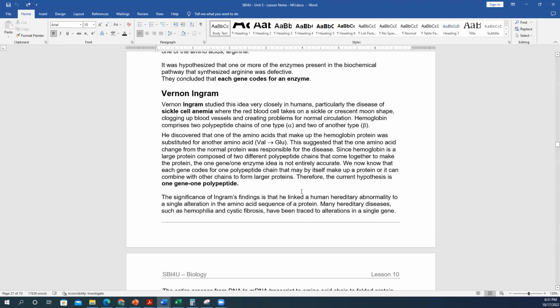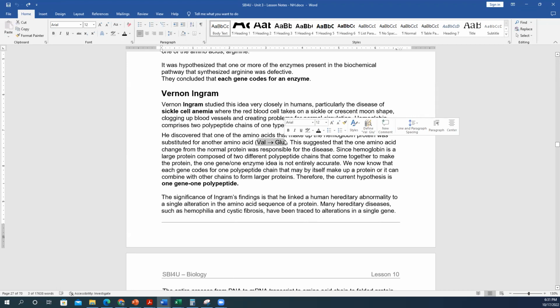So he really then connected that hypothesis of one gene, one polypeptide, and more significantly, he linked a human hereditary abnormality such as sickle cell anemia to the single alteration in the amino acid sequence of a protein, and single alteration being a valine to a glutamate alteration.